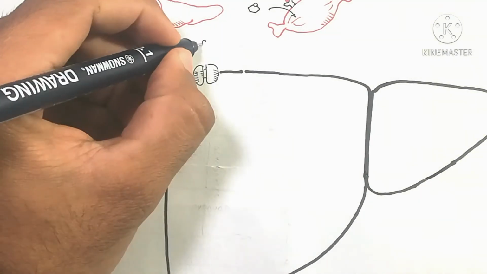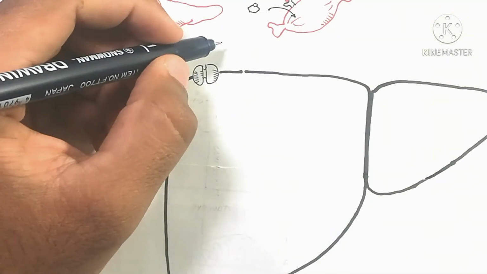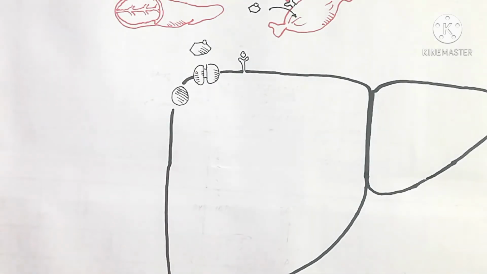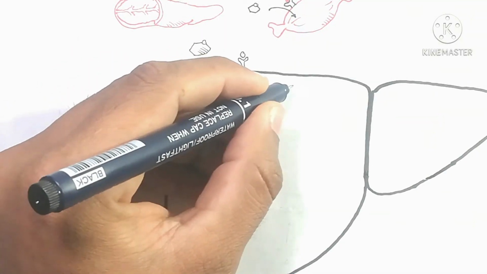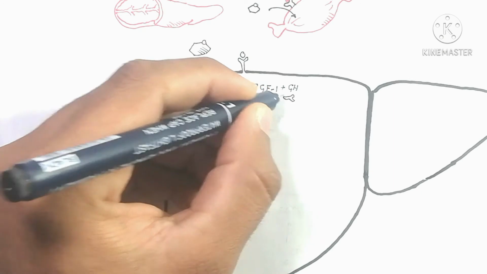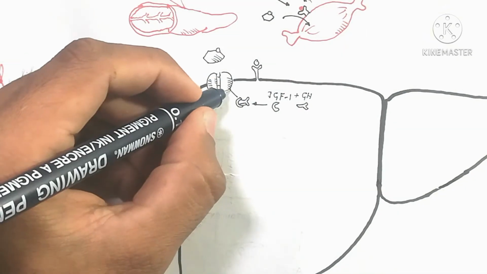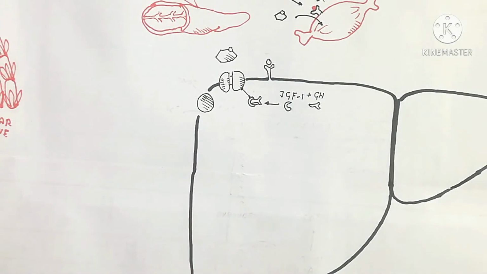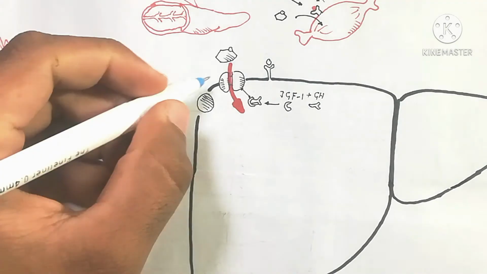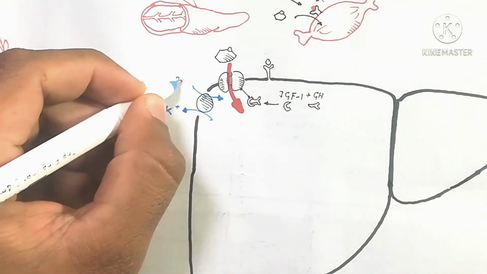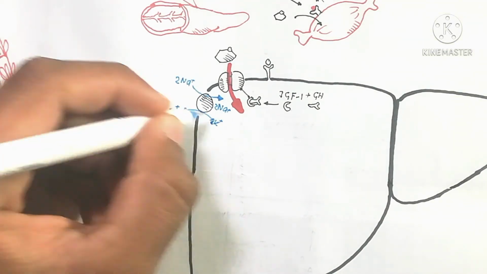So here are the liver and muscle, which have a receptor, and this receptor is used for the insulin released from the beta cell of the pancreas to bind, or growth hormone which interacts with insulin-like growth factor 1, which is produced in the liver, and the binding stimulates the sugar to move inside.